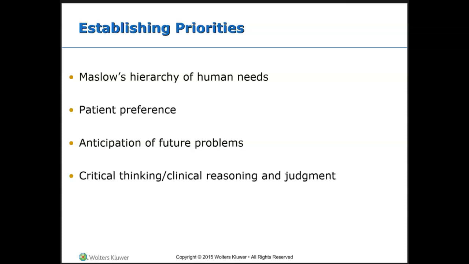So again, we're using NANDA, and they advise using an in-depth assessment, which of course we're going to do, because it'll help rule in or rule out your nursing diagnoses. NANDA also recommends structuring your nursing diagnoses with related factors as well as defining characteristics, as we have previously talked about. By doing this, we can highlight the strength and accuracy of that nursing diagnosis. That's why we do it, okay?